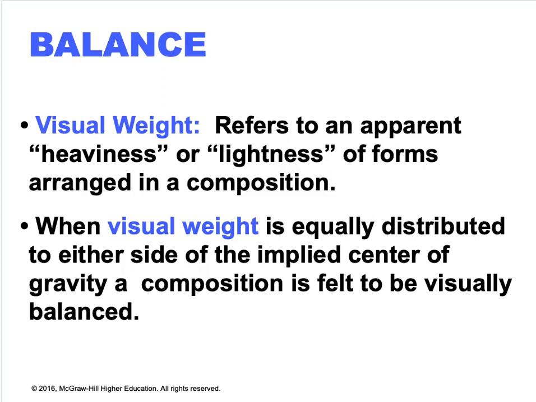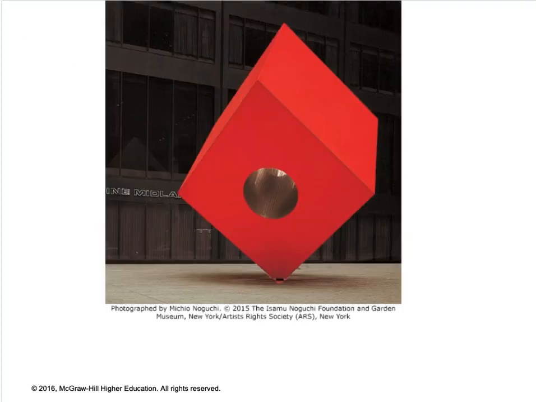So the first image I'm going to show you is a statue or a sculpture. You can see it's out on the entryway of a building, and it's a giant red cube. It's just what it looks like. It's standing three-dimensionally in space. It does have a hollow center, that's the round thing in the middle.